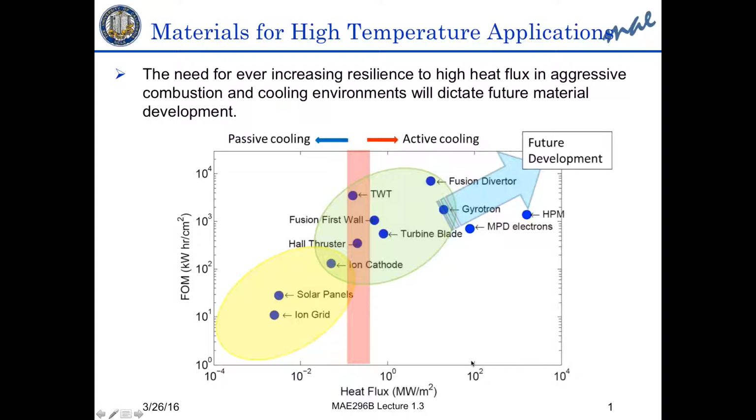We might expect some materials to handle heat fluxes of up to 100 megawatt per meter square, but not in a steady state or continuous fashion, but more likely in a pulse or intermittent fashion, and the lifetime would be improved. That is the future development of materials here.